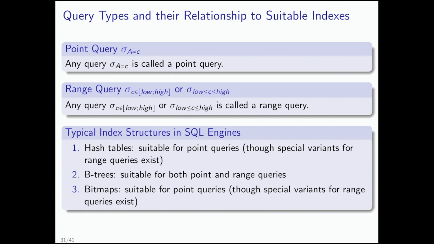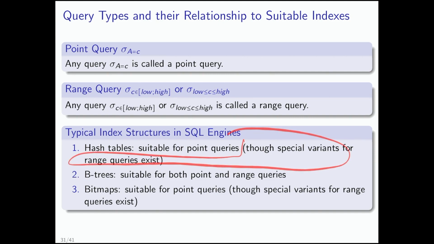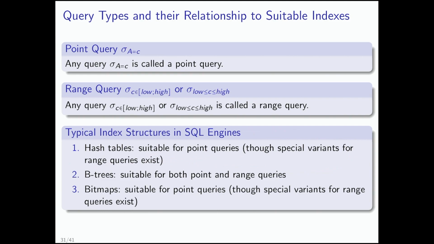You have a direct lookup into some bucket in the hash table, and then whatever hash table you're using, point queries are very efficient, typically constant time, depending on the implementation. So point queries, that's important to understand. If you have point queries, hash tables are great, although there are special variants for range queries. They do exist, so it doesn't mean that there's no way of teaching a hash table to do range queries.